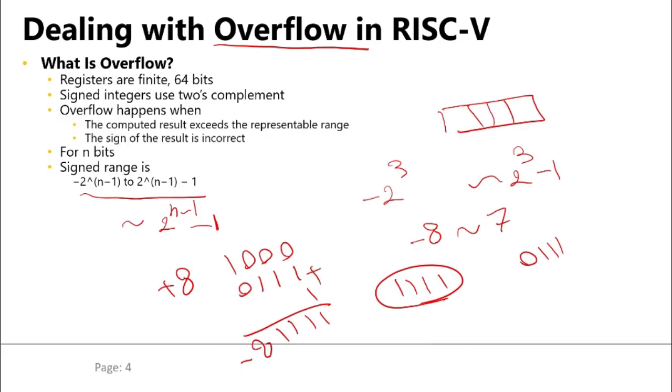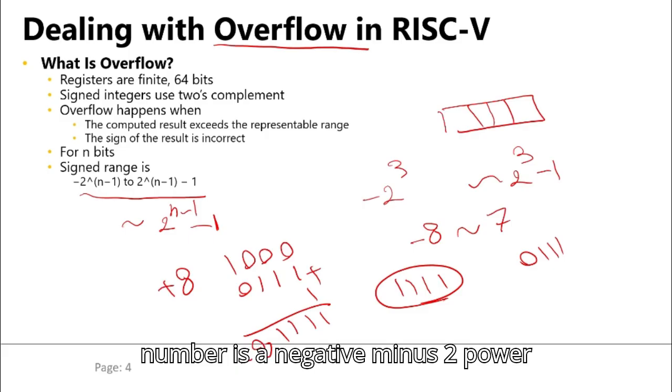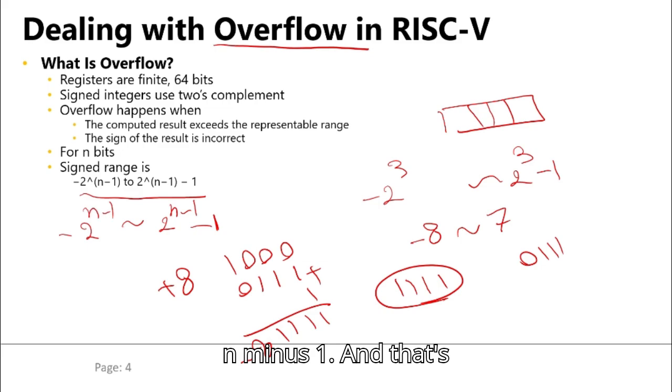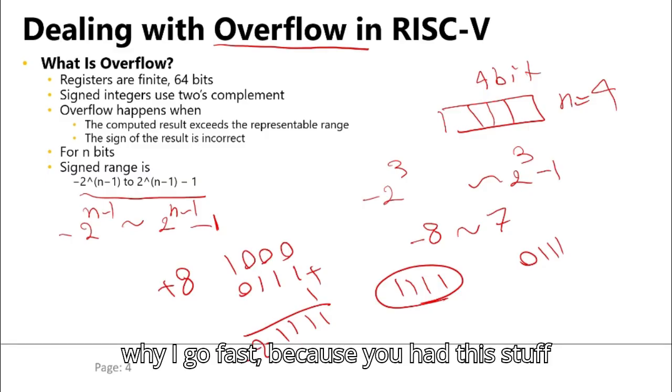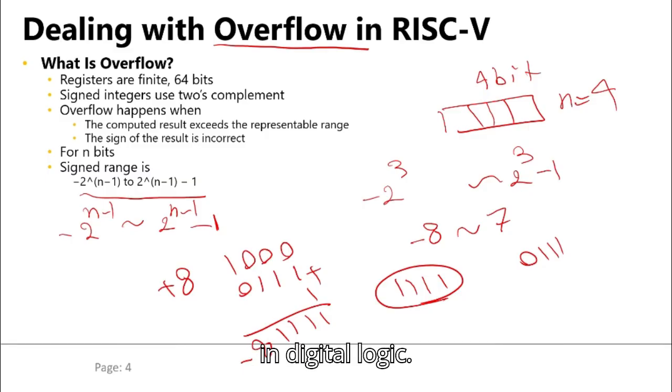And the minimum number is negative 2 power n minus 1. And that's the example for 4-bit when n is 4. Any question about this? You had that. That's why I go fast, because you had this stuff in digital logic.